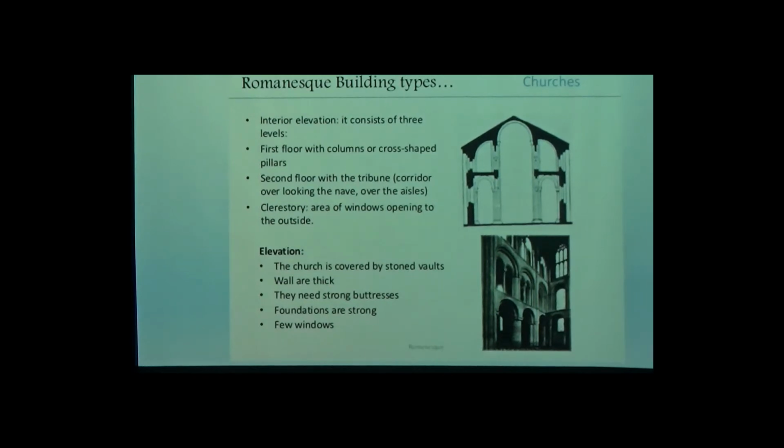Okay? They have to have buttresses to hold them up. They don't have a lot of windows. Glass is expensive. And you know, colored glass was originally from Venice. It was from the island of Murano. And I went to Murano to look at how they made glass.